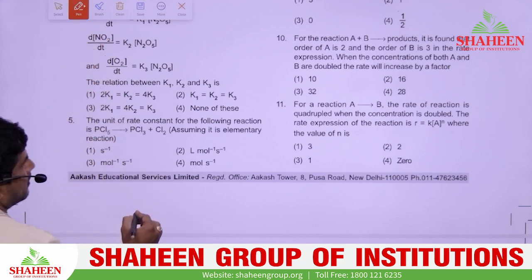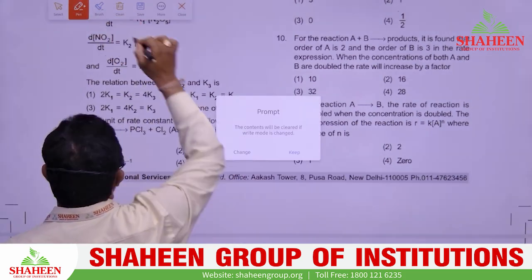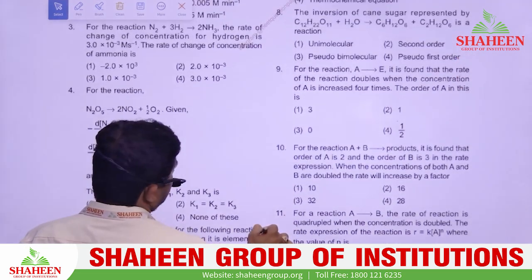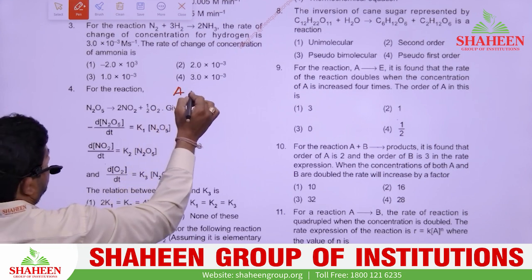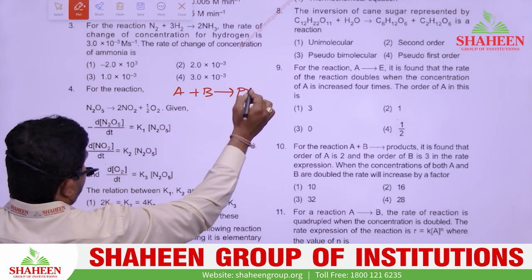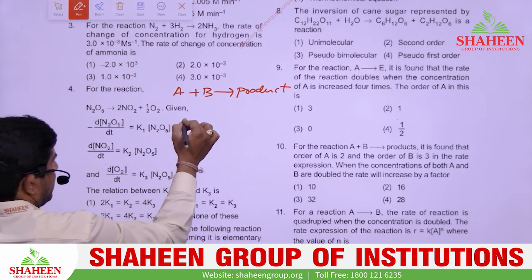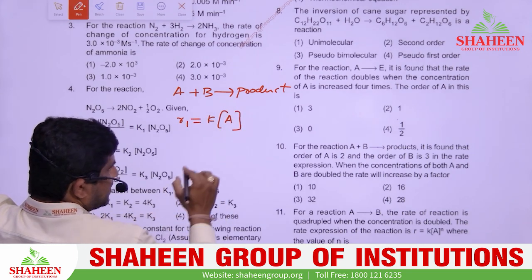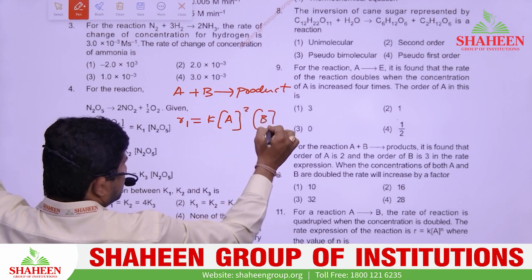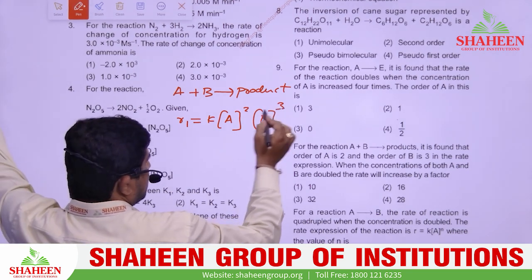Here the reaction is given as A plus B gives product P. Now if we write the equation, R1 is equal to K[A] power 2 [B] power 3, order with respect to A is 2 and with respect to B is 3. This is the rate law expression.